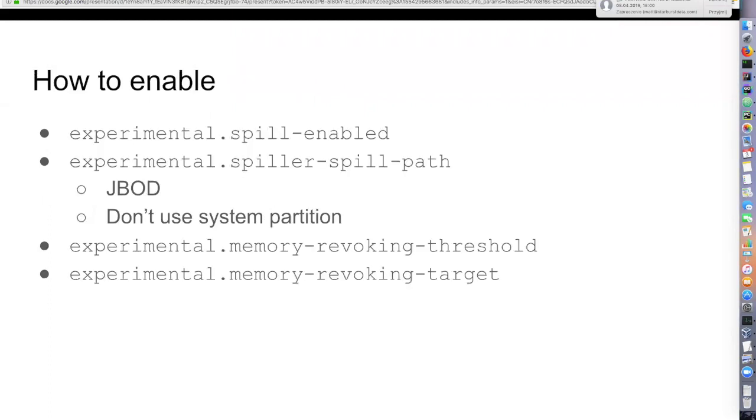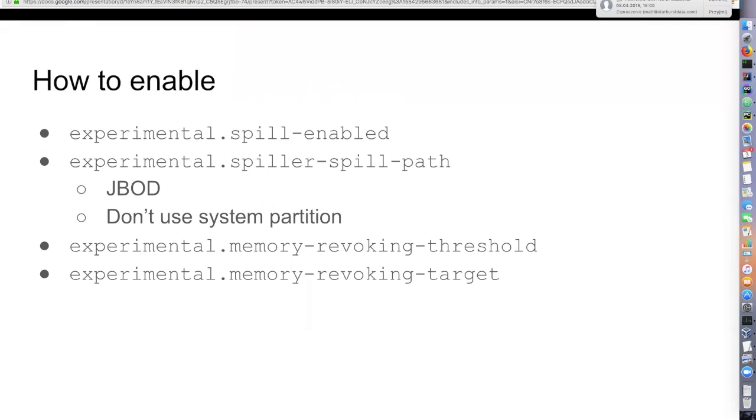So in order to enable Spill, you have to set a few properties. There is a main toggle, which is spill-enabled. This is a Boolean toggle. And there is also a session property of the same name, I think, with an underscore. You need to specify the Spill paths.